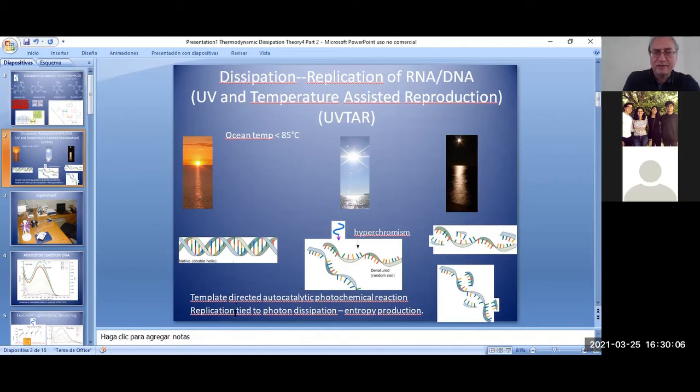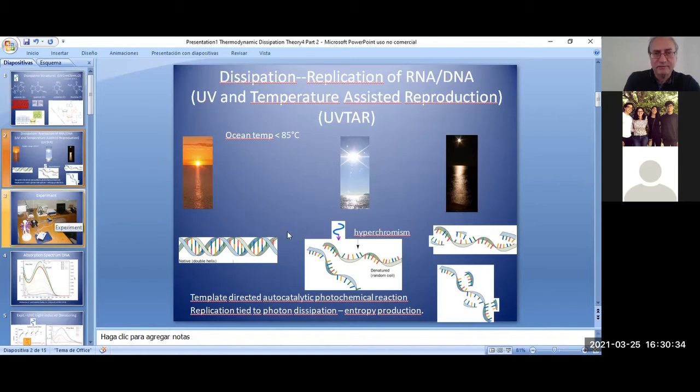And we also have replication, which is tied to photon dissipation, or in other words, entropy production. So when we change ultraviolet light into infrared light, we are producing entropy. We're distributing the energy in the ultraviolet photon over many more infrared photons, maybe 30 or 40 infrared photons.